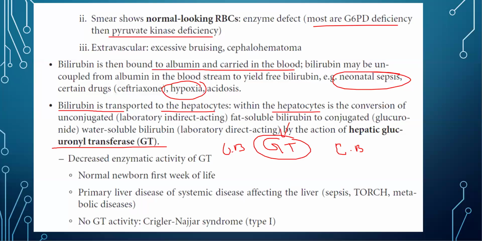Then the unconjugated bilirubin cannot become conjugated, right? So then again, unconjugated bilirubin can be high. And that can be found in a few cases, like a condition called Crigler-Najjar syndrome, where the child doesn't have this enzyme at all. So there is a hereditary condition where there is no GT at all. Okay, so that can also give you unconjugated hyperbilirubinemia.